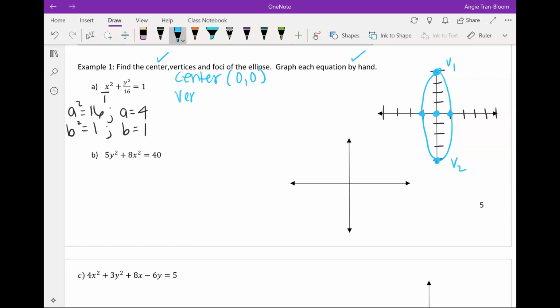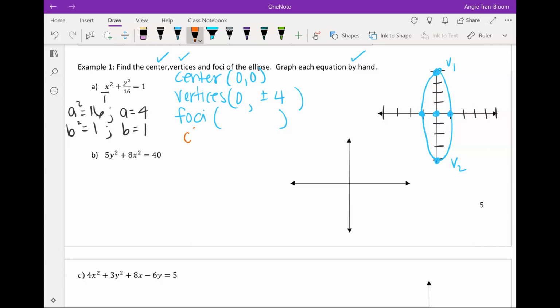Now we just need to locate the vertices. What are the vertices? 0, 4, 0, negative 4. Okay. 0, comma, plus or minus 4. Checked on the vertices. We need to find the last piece, which is foci. How? What is it?